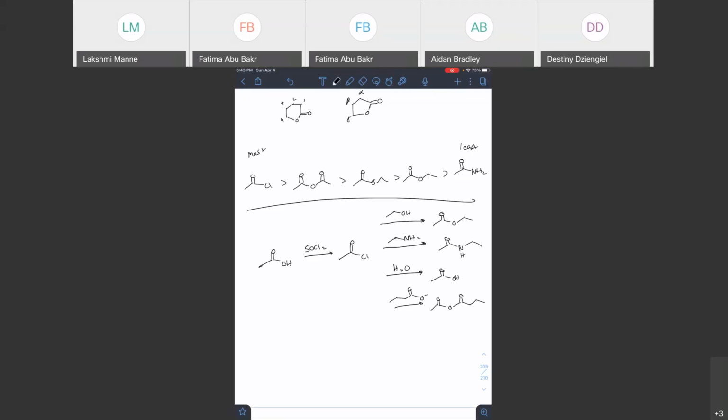Any questions about how to derive all these? I think the most important thing to remember is when you look at something like this, you can get it from a carboxylic acid, and it just takes 2 steps. First, you do your SOCl2, and then you can finally get to the step that you want. That's the most important thing here to remember, that you can even get those from a carboxylic acid.